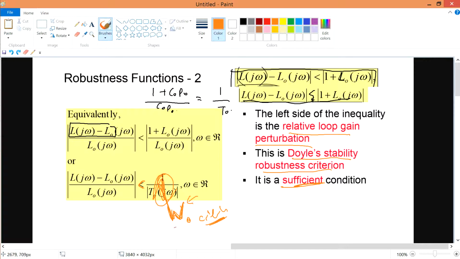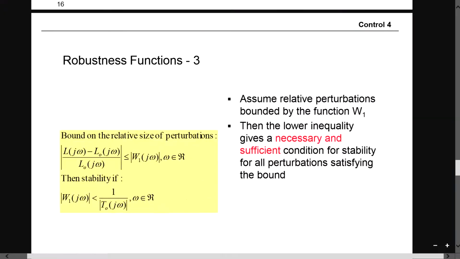And this is where I'm setting this, and we call this bounded by the function W1. You have bound it as W1. Okay, and it must be stable if this bounded system is smaller than our 1 over T0.